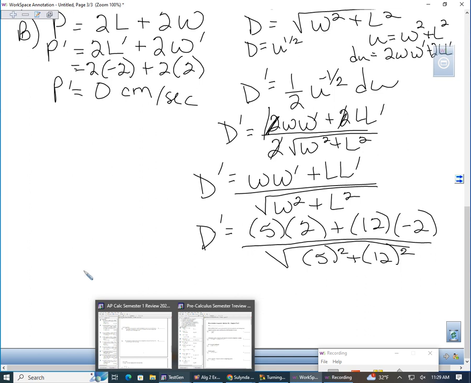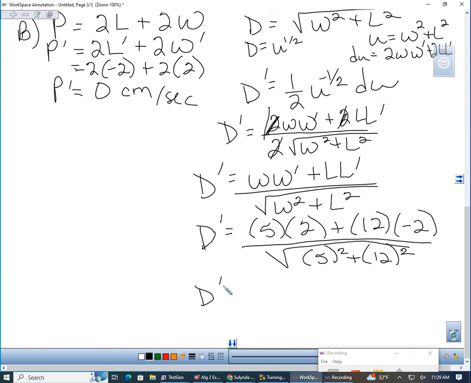Yeah. Okay. Negative 14 over 13 on the bottom. So my diagonal is actually doing what in this case? It is decreasing. I agree. It is decreasing, and since it's a length, this is just centimeters per second.